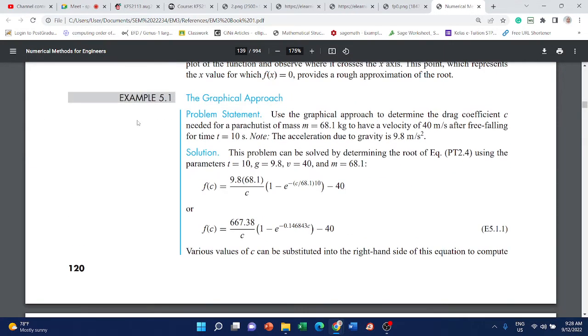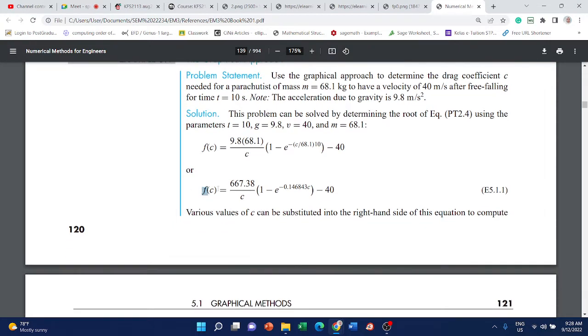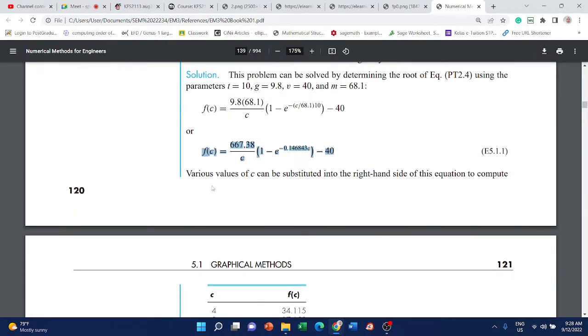Okay, so the example is here, example 5.1 regarding the f(c). The function that I asked you to use is here, the one that I highlighted. In the ebook it's stated on page 120.